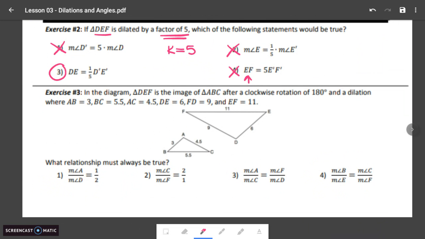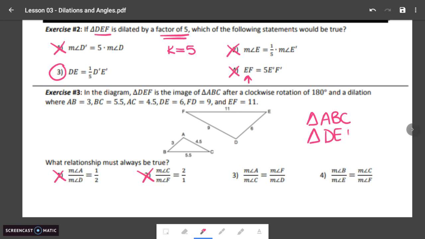Same kind of thing in number 3 though. We have the diagram. It's rotated 180 degrees and then dilated. We get all the sides. What relationship must be true? Automatically cross off 1 and 2. Anytime I see the angles that are not equal, they got to go. And then, like we did in transformations the first time around, I can stack these sides together. So ABC and triangle DEF.